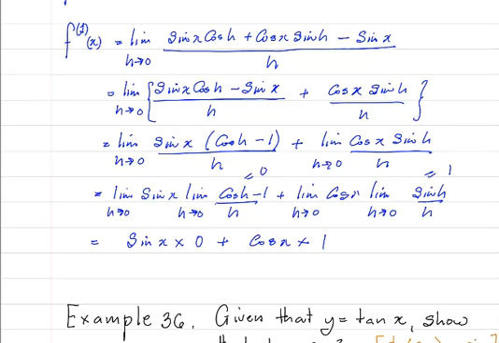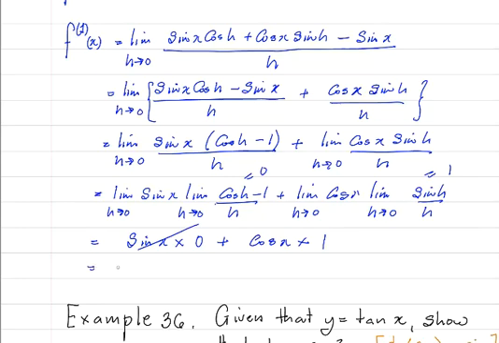All right, and the limit of sine x as h approaches 0 is sine x, because there's no h in it. So it's not affected by h. As h changes, sine x doesn't change. As h changes, cosine x doesn't change. So this goes because it's equal to 0, and cosine x multiplied by 1 is equal to cosine x.